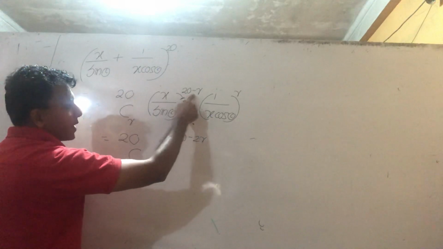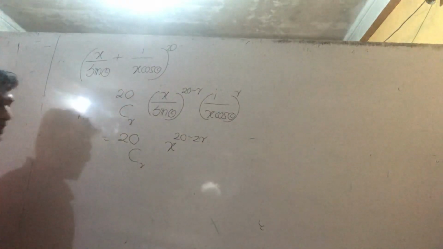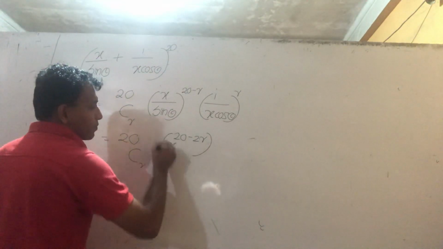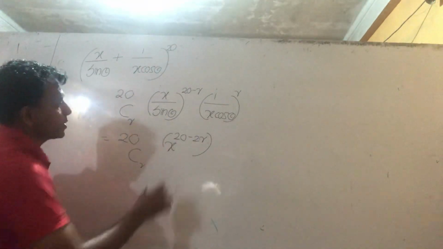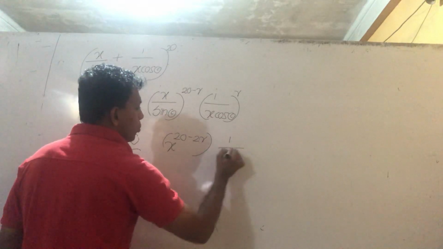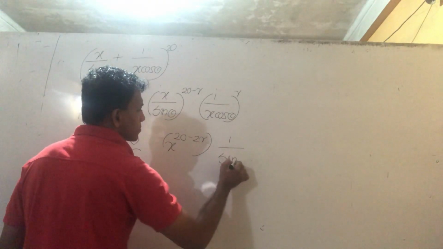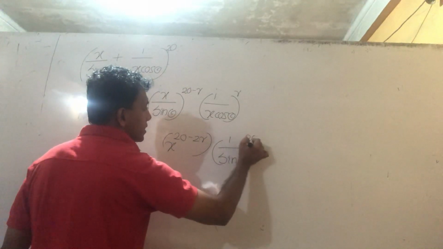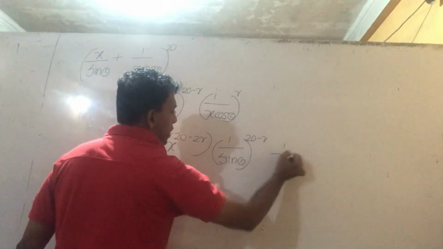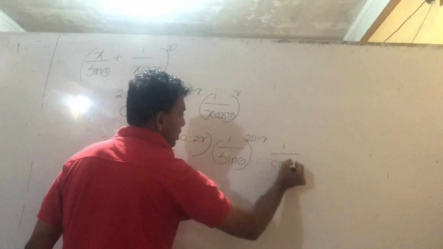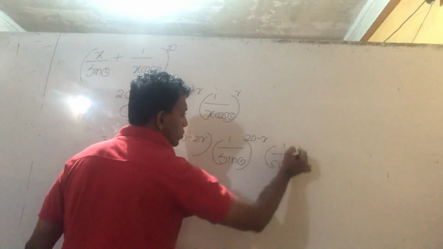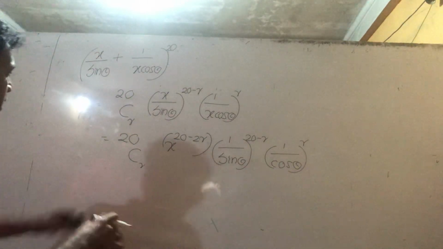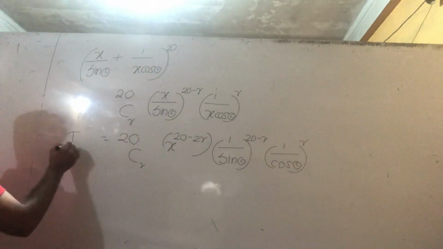Here x to the power minus r, so it takes up 20 minus 2r; that's the x power. The other trigonometric expressions: 1 over sin theta to the power 20 minus r, also 1 over cos theta to the power r. Is it okay? Right, it's the general term of this expression.